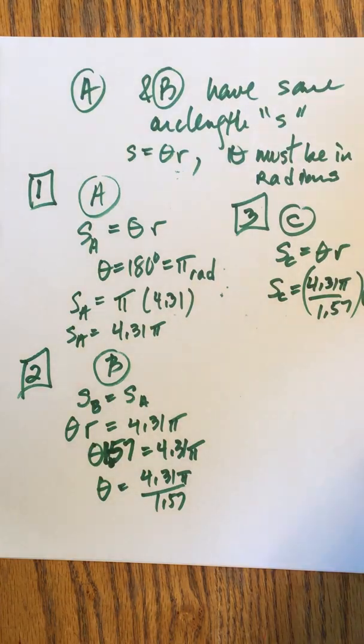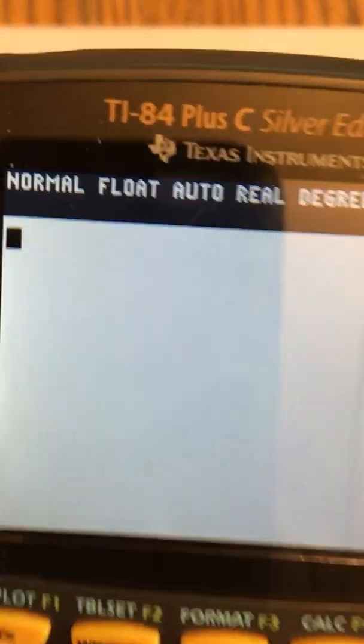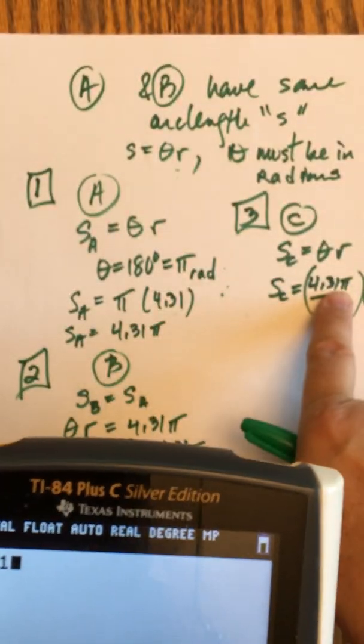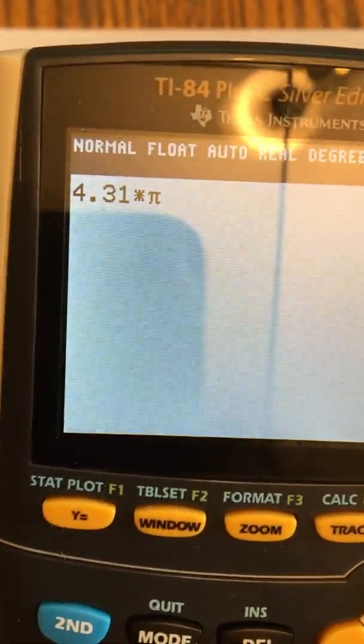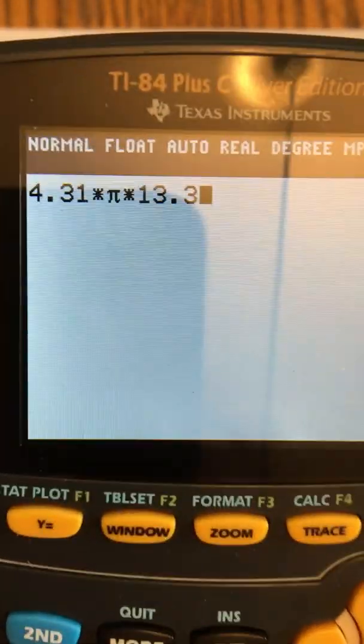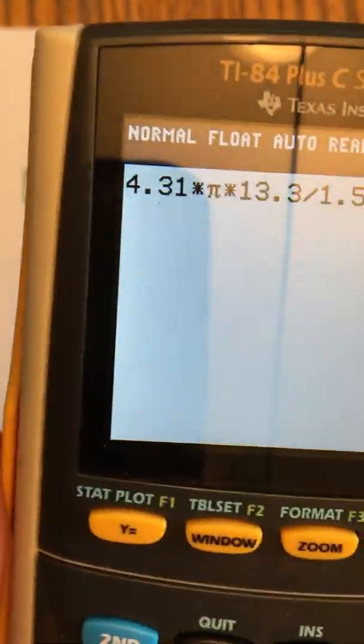Okay. Now, if you do all this and put it in your calculator, let me show you how I put it in my calculator, it might help you out. I'm going to put in 4.31 times pi, times 13.3, divided by 1.57. Excuse me.